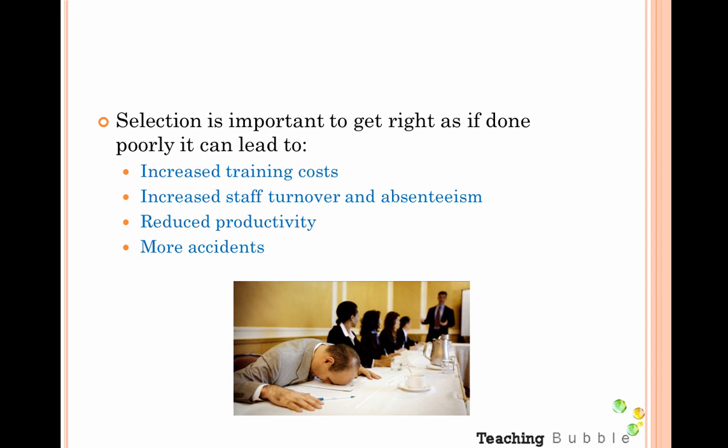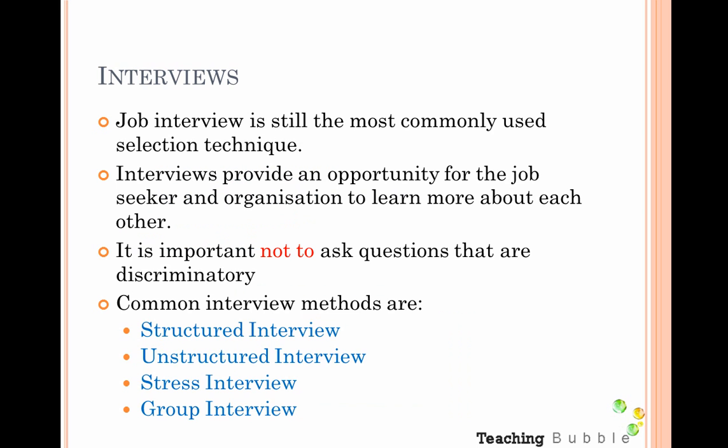As a result, they might not be good at their job, and because of the increased absenteeism, there's reduced productivity. If they're unskilled, there could be more accidents within the workplace, and there are many other negative things. But it's important to get the selection correct, because to actually employ someone else costs the organisation lots of money. So it's important to get the best person the first time.